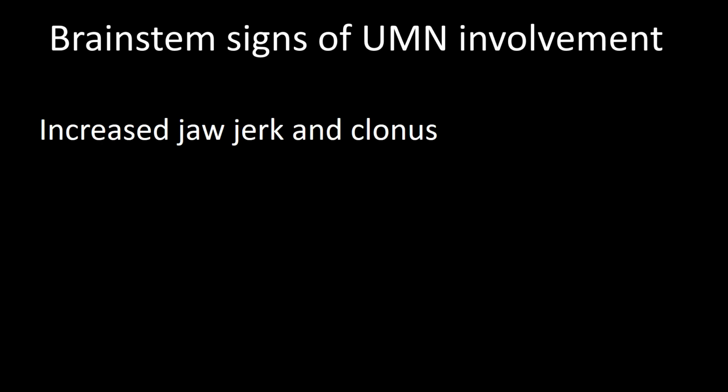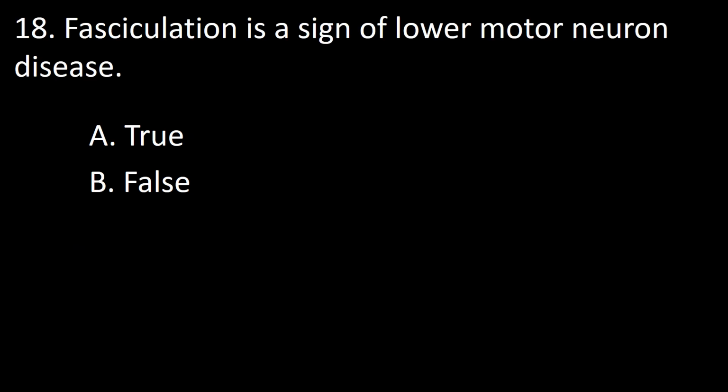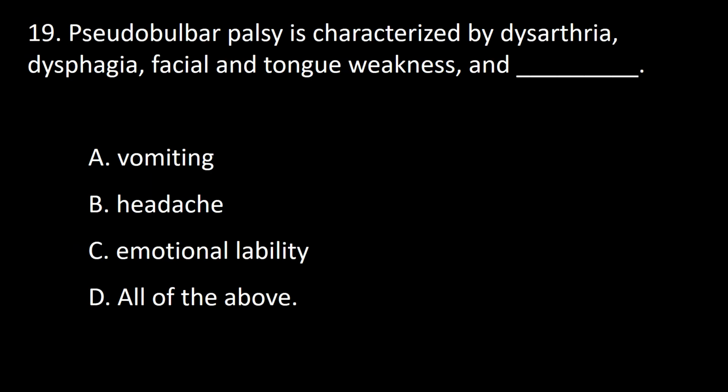Brainstem findings of upper motor neuron involvement are increased jaw jerk and clonus, increased gag, exaggerated snout, and forced yawning. So the answer to this question is A. Next question.